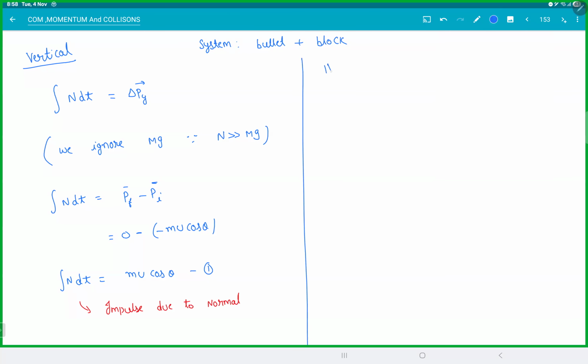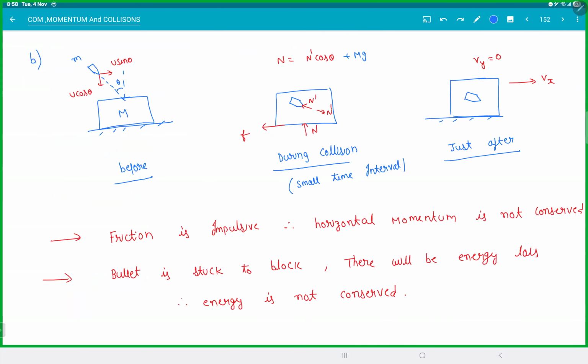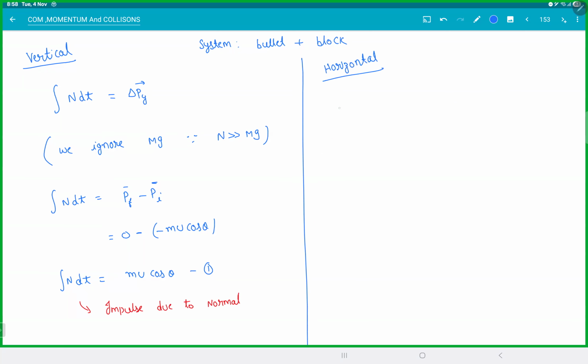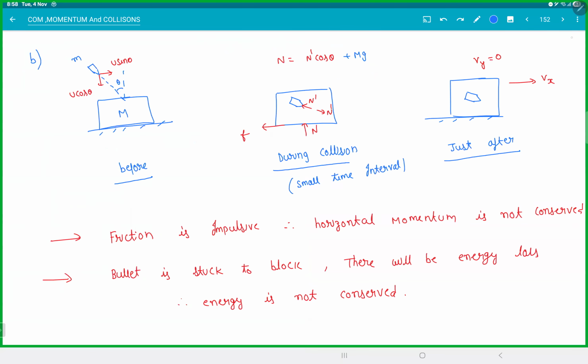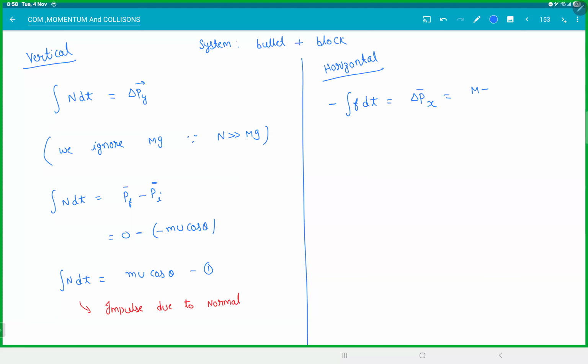Now in the horizontal direction, what is the force acting on the system horizontally? Friction. Which way? Backward. So minus integral f dt will be the change in momentum in the horizontal direction. The final momentum, the bullet and the block are going to the right, which is (m plus M) vx. Minus, initially the bullet is going with mu sine theta.